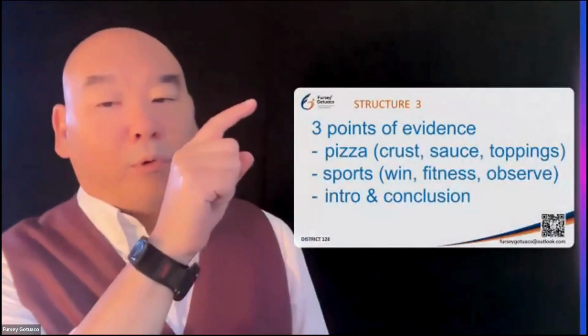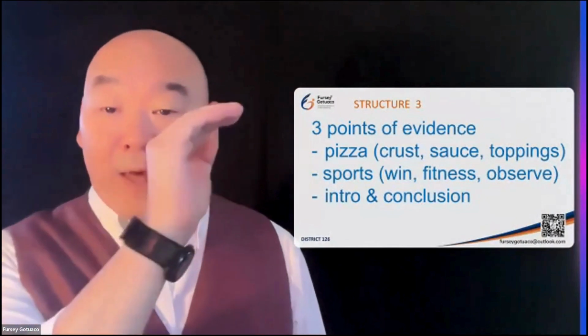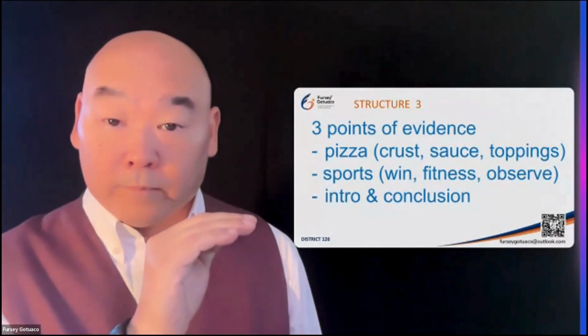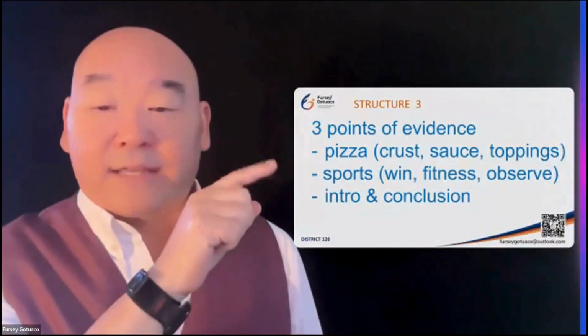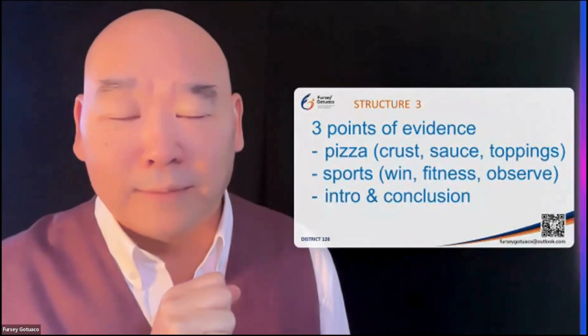All right, so 3 points of evidence. Anything you have, 3 points of evidence. Now, these 3 points can simply be point number 1, point number 2, and then my answer. That can be 3. But in this particular case, I was just thinking about, well, because I don't know a lot about Indian food. I'm sorry.